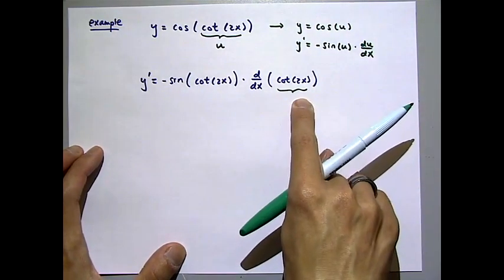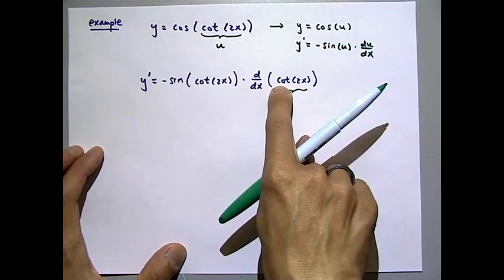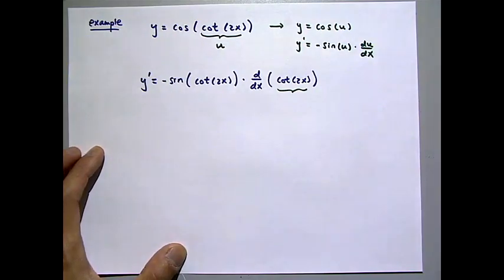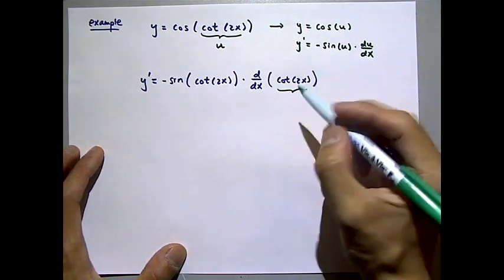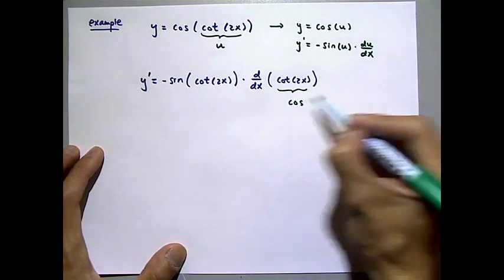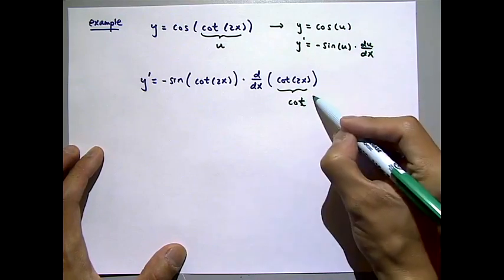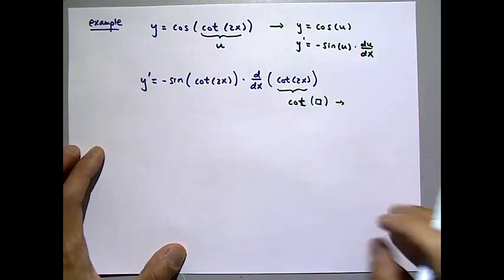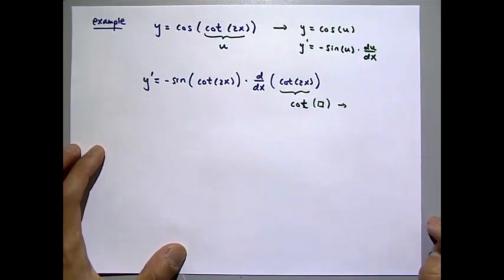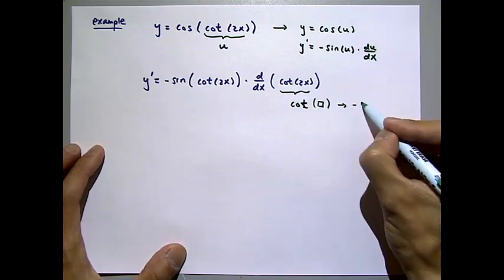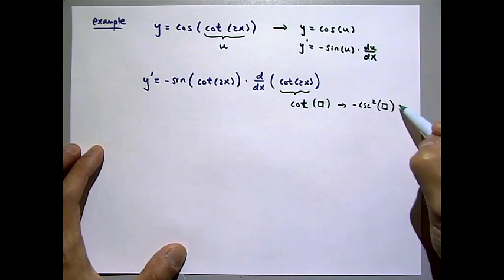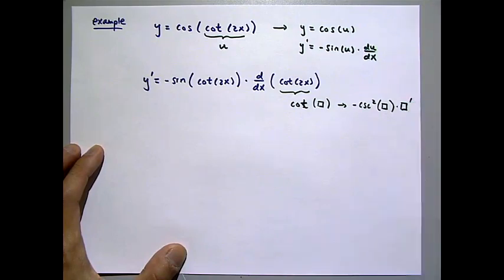Here we got the same thing again. We're taking the derivative of some function that depends on something more than just an x. So that's cotangent of something, right? What's the derivative of cotangent? Negative cosecant squared of blah times blah prime, right?